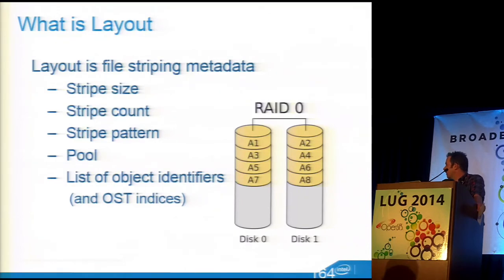The layout describes this, and it includes things like the stripe size, how much do we write before we go to the next object, or go back to the beginning of the list, the number of objects, the pattern, which to date has always been RAID 0, the name of a storage pool, and then the identifiers for the objects themselves. So this has worked pretty well for us.